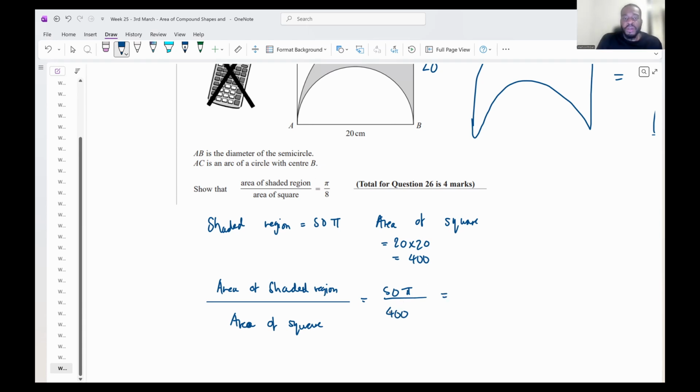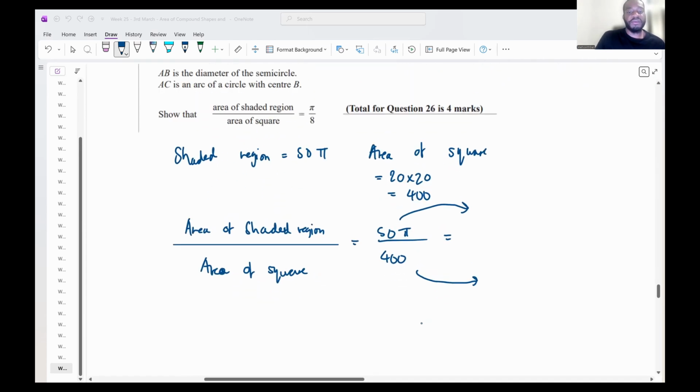Can we simplify that? Absolutely, right? What number goes into both 50 and 400, guys? We can ignore the pi as a multiplier. 5 does, for sure. Are there any bigger numbers? How about 10? Yeah, 10 does for sure. To be fair, you can do it any way you want. So if I divide by 10, then the zeros can cross off.